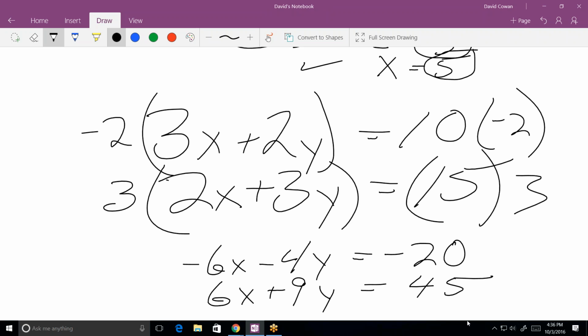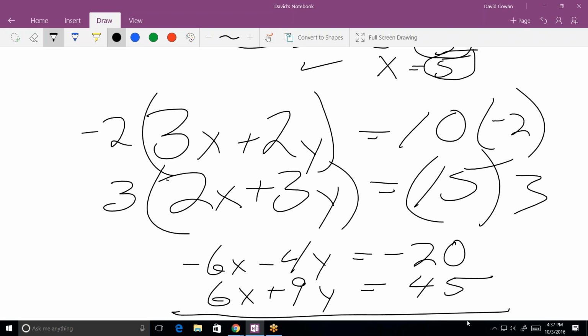Once I solve for y, I go back into either equation and solve for x, and it turns out x has to be 0. I just pulled these numbers off the top of my head. But once you solve for y by adding those two and go back and solve for x, it turns out that y is 5, x is 0 is the solution.